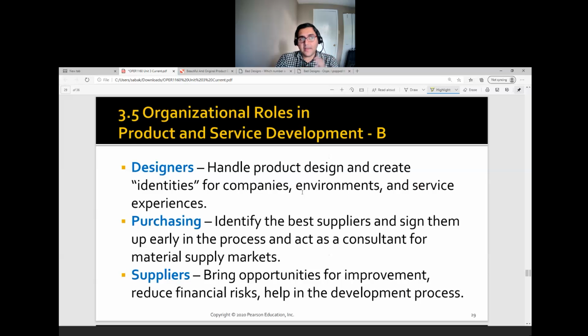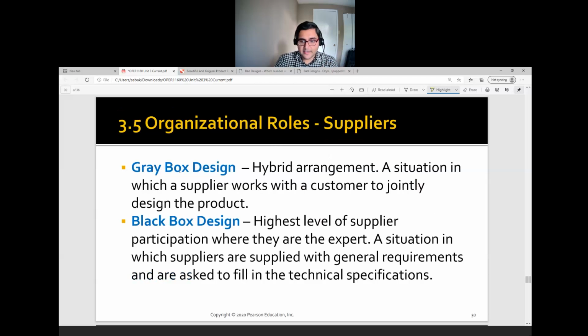So we said the role of supply chain and operations management in new product development is to look for new suppliers who can provide services to you. Because you're trying to develop a new product, then you need to have a new bunch of suppliers or new set of products which will be processed in your company. So this is an important thing here.